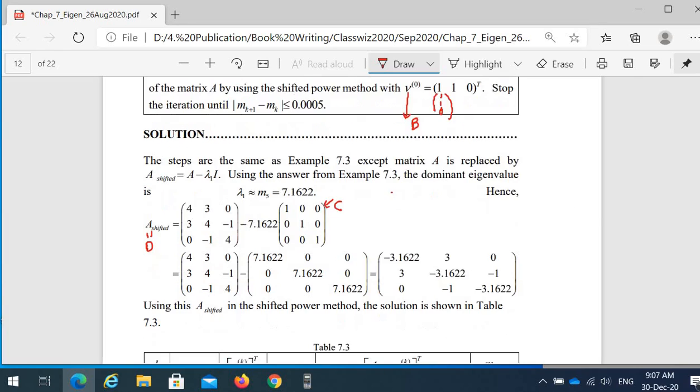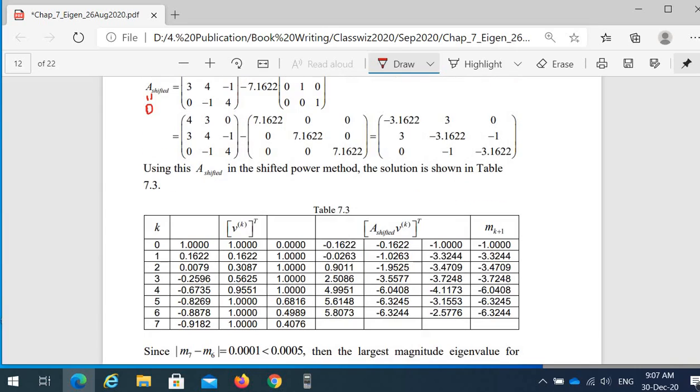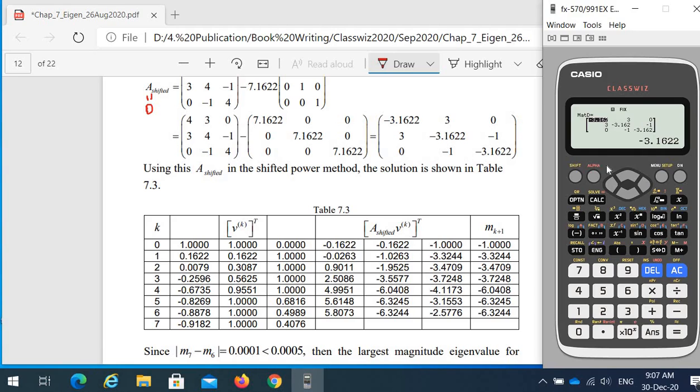Now I'm going to use the shifted power method. My starting vector V note, in the calculator I keep it as P, 1, 1, 0. So I go on to define the matrix, 3 rows, 1 column: 1, 1, 0.